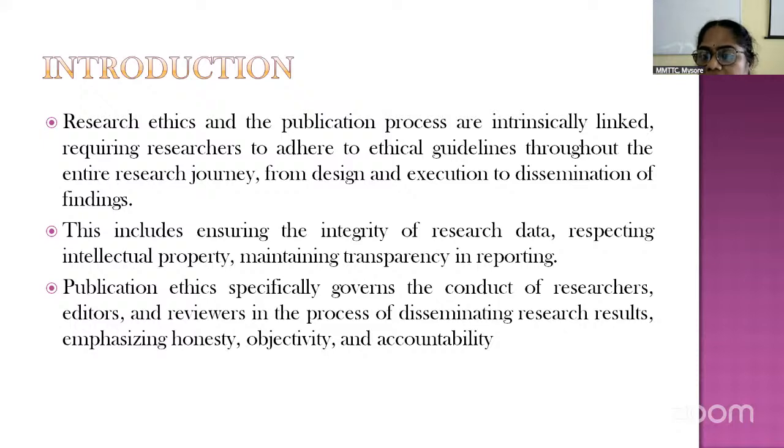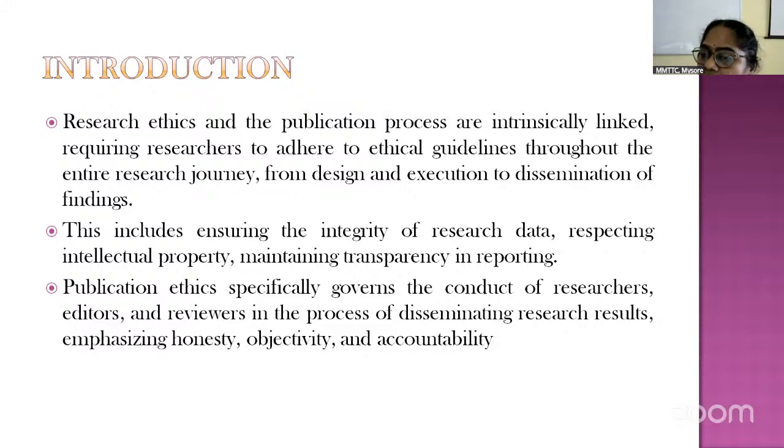They both are intrinsically linked, meaning inherently both research ethics and publications are linked. That point you should know. It requires research to adhere to ethical guidelines throughout the entire research journey.